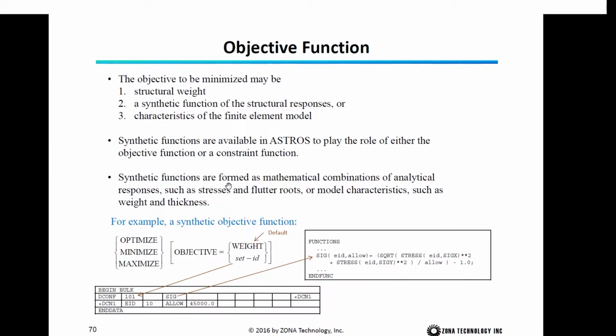Synthetic functions are formed as a mathematical combination of analytical responses such as stress, as well as model characteristics such as weight and thickness. For example, you can specify the objective function. The default is weight, or you can refer to a DCONF card to define a synthetic function.